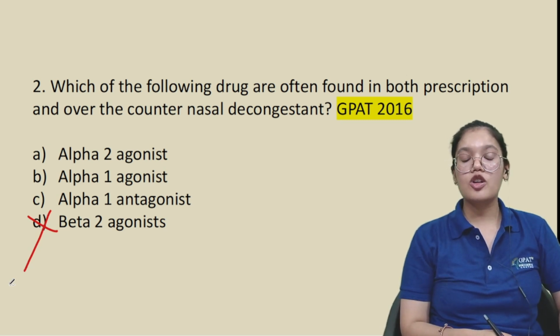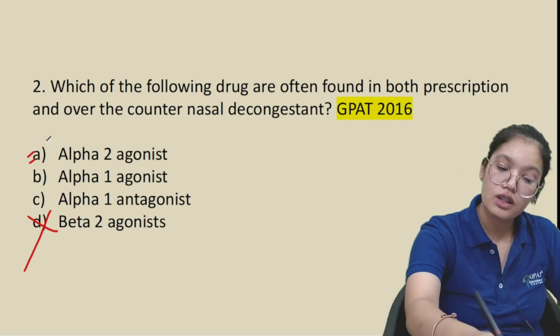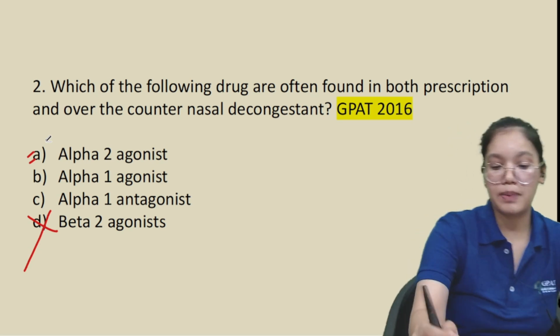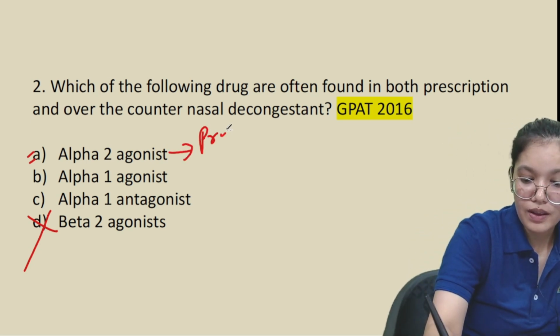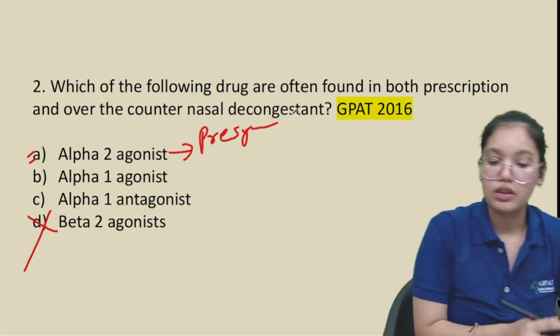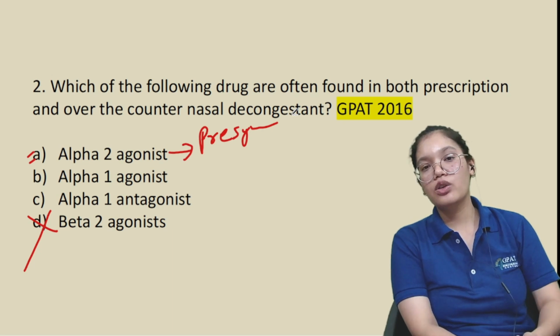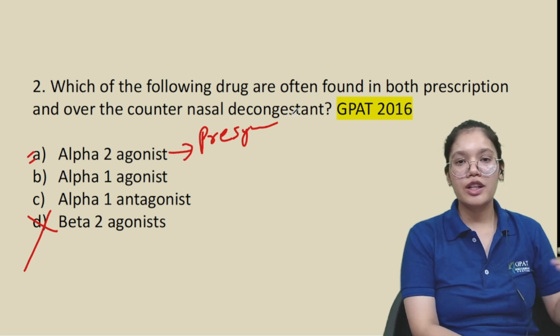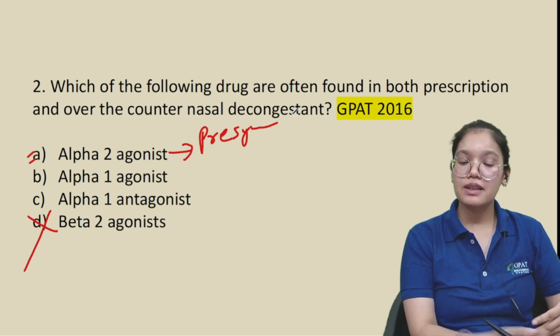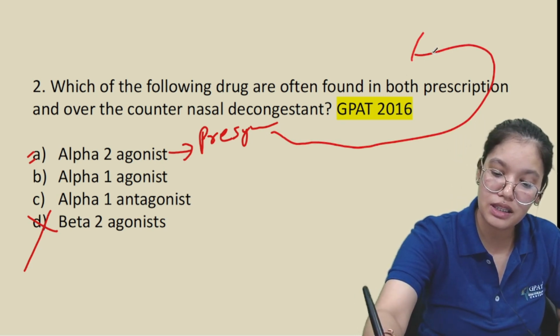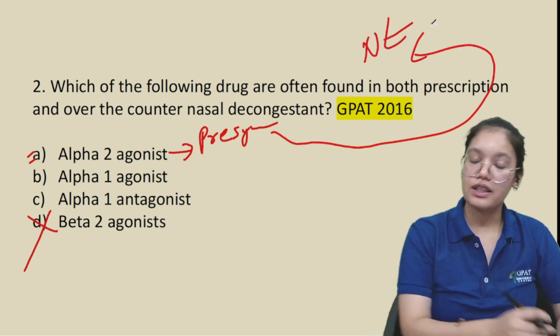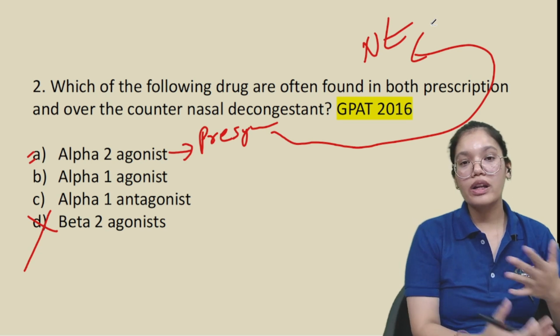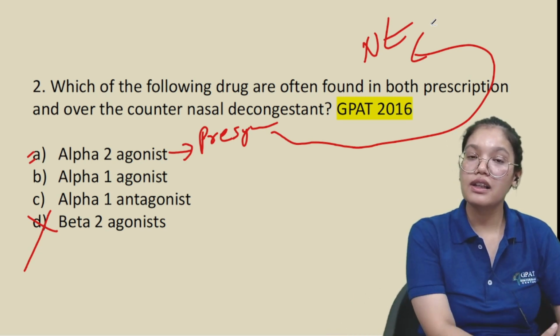Then if we talk about the alpha-2 agonist. Now alpha-2 agonist is present in the presynaptic neuron, where it is basically responsible for the negative feedback system. It acts by inhibiting the norepinephrine release. So it has no relation with the nasal blockage.